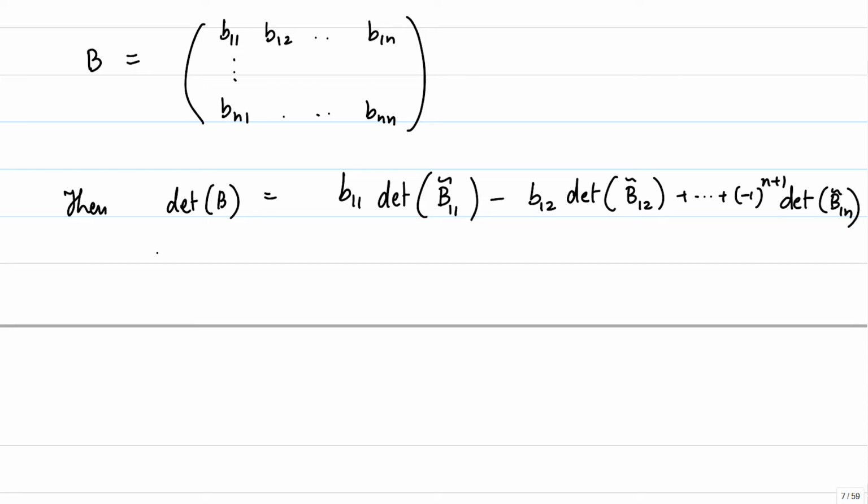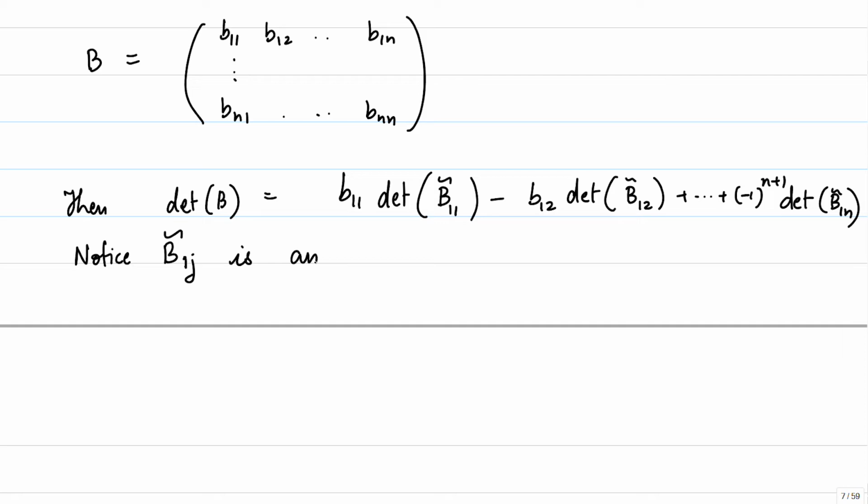Now notice that B1j tilde is an n minus 1 cross n minus 1 matrix. What is B11 tilde, for example? B11 tilde was the matrix obtained by deleting the first row and the first column.